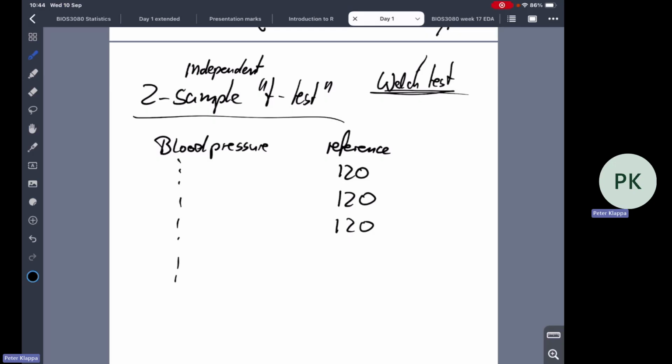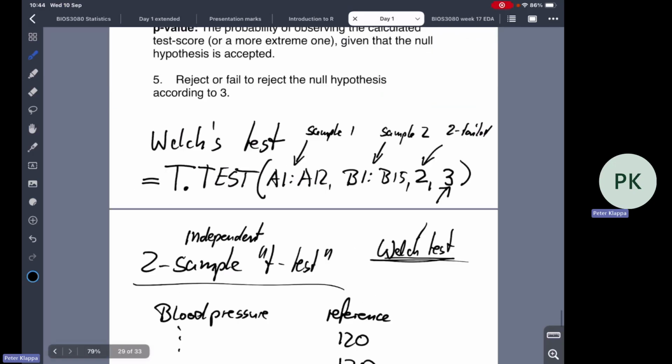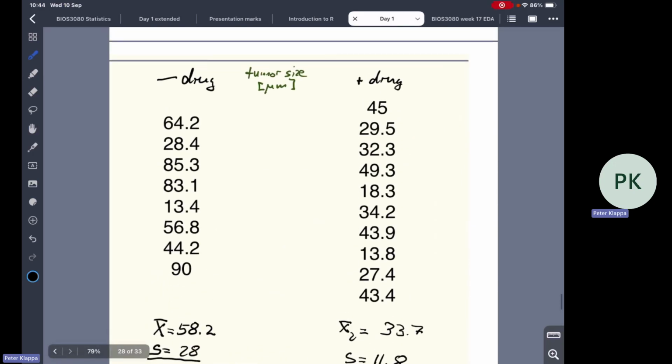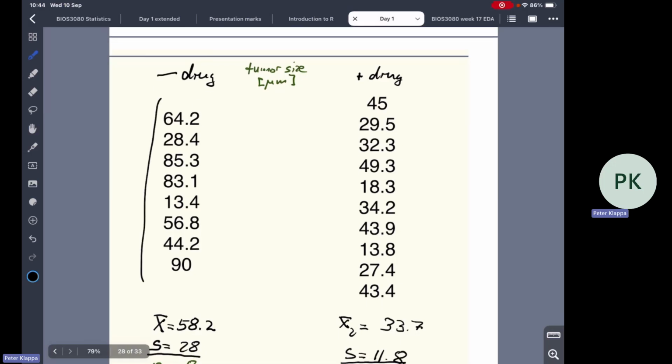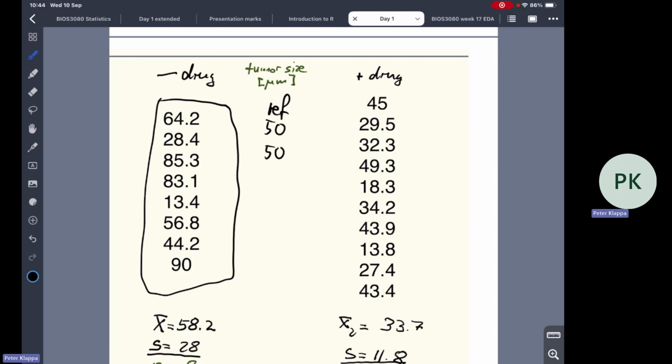So what we do is, let's say we go back to our example previously of the data, and let's have a look at this one here. This is tumor size. Let's say we do a reference value this time of 50 and 50 or so. We want to compare, is the population mean of the tumors without drug in the range of 50?